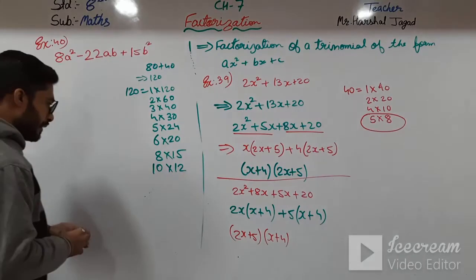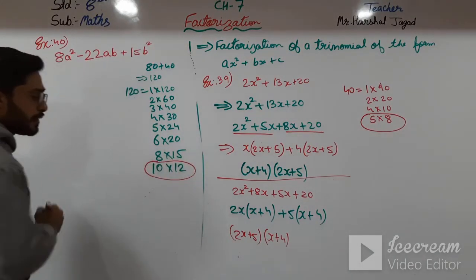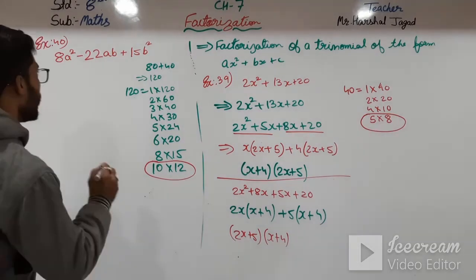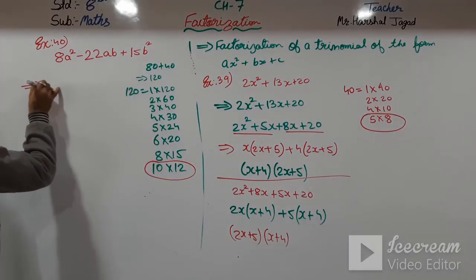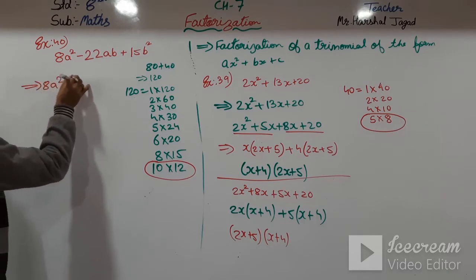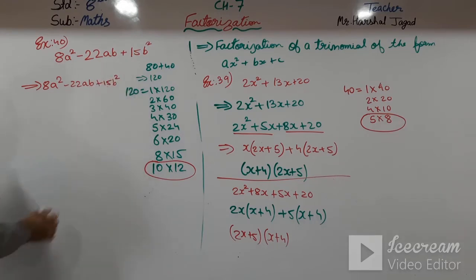So our factors of this sum are 10 and 12. Okay, 10 and 12. So here, writing it, 8a square minus 22ab plus 15b square.